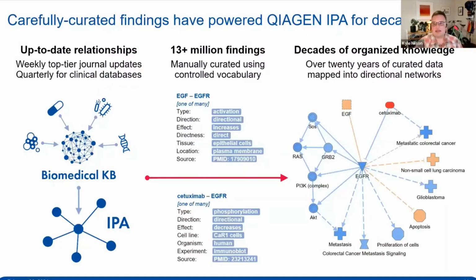And ultimately, millions of findings go into this underlying knowledge graph, where we take any kind of curated experiment where we can see how two different proteins might affect each other, or how a drug might lead to inhibition of a protein, and how that can affect downstream diseases.